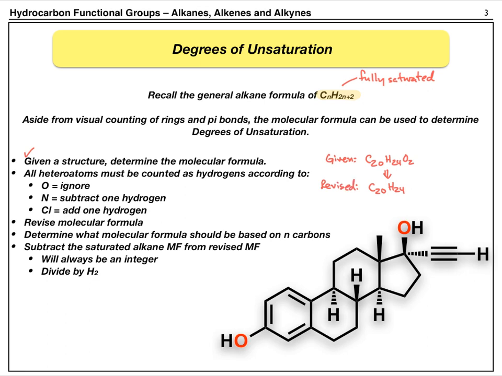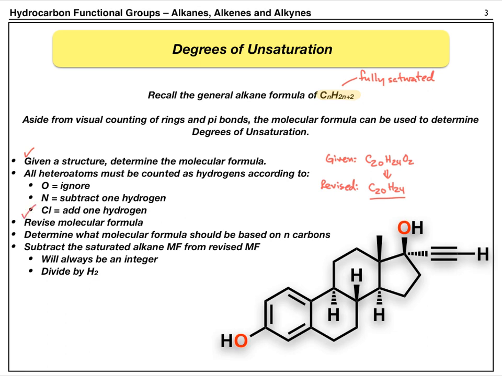Nitrogens, subtract 1 from the hydrogen count. We don't have any nitrogens present. Halogens such as fluorine, chlorine, bromine, or iodine will add 1 hydrogen. So we don't have any of those. So essentially we're at this revised formula, and that's what we're going to use.